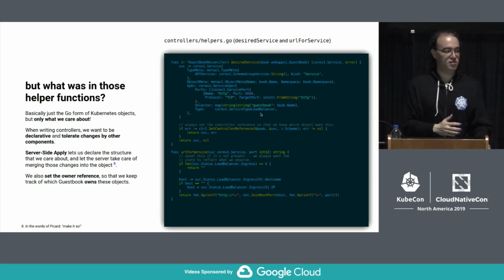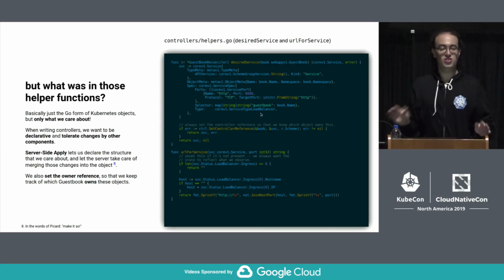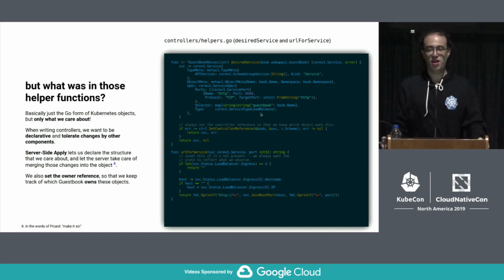And so previously, in older versions of Kubernetes, this was kind of hard. If any of you have seen any of my previous presentations, you'll know that there's like a couple pages of code just to do this. This has gotten a lot nicer with a feature called server-side apply, which I like to call the Picard patch.